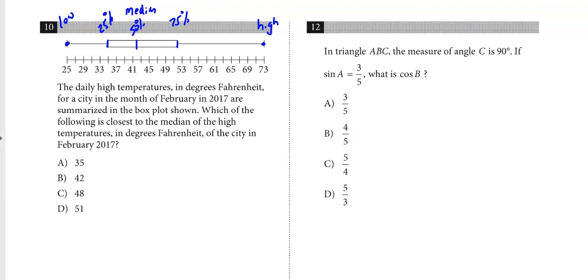So what these graphs do is they break things into quarters. You know, they break all the numbers into 4 sections, each weighing 25%. But this question just said, hey, what's the median? So it's going to occur right in here, which would be at about 42. So you just have to know how to read a box and whisker plot.